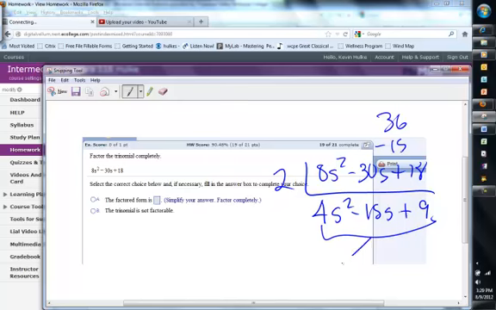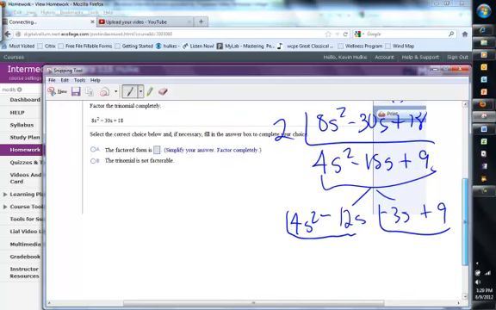That would be negative 12s, negative 3s, plus 9, 4s squared. Okay, now make sure that when you take out this negative, that changes that to negative. So we have 4s, s minus 3, minus 3, s minus 3.